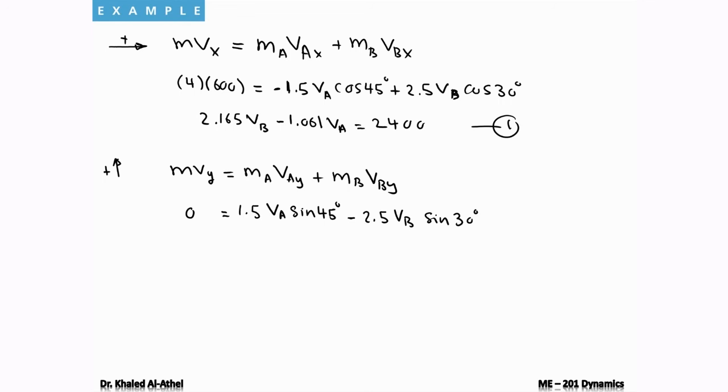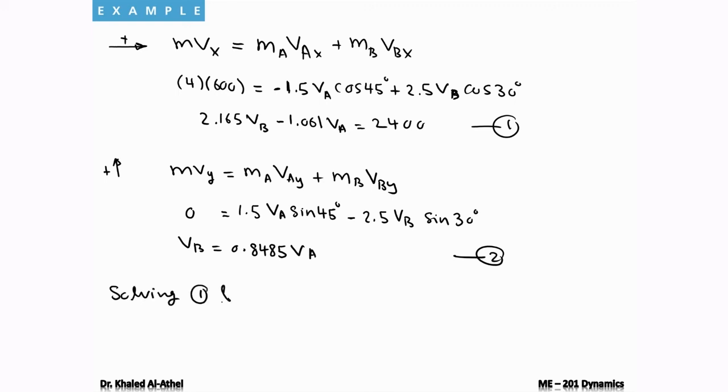Okay, arrange your work. So this will give me 0, or let's go directly to VB. I can calculate this. So this will give me VB should equal 0.8485 VA. And this is my second equation. So I can solve 1 and 2.